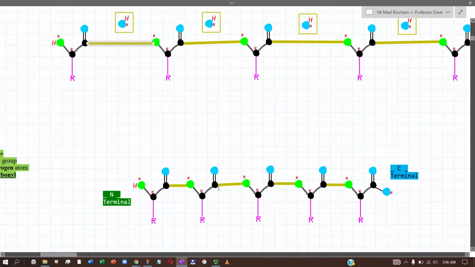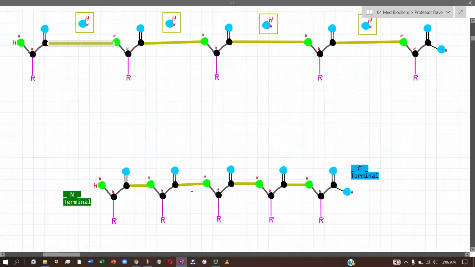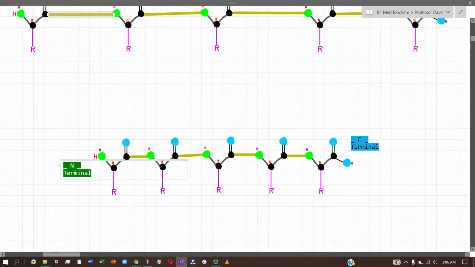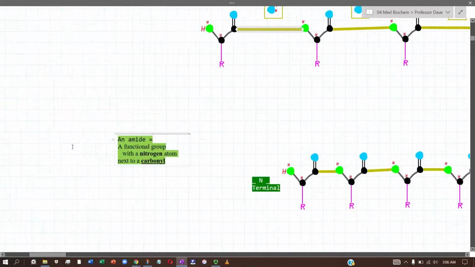So here you have your polymer, your polypeptide, but just condensed so that it can be visualized better. This is the exact same thing as above, but with the bond a little bit shorter. And remember, you're going to have your N terminal and your C terminal. And here's the definition.